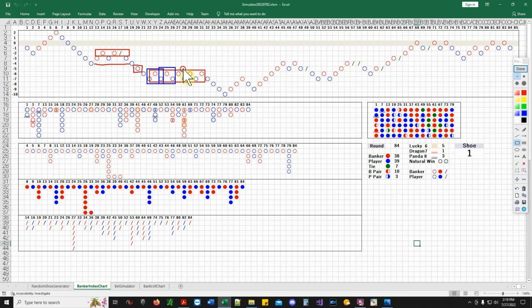After you hit that banker, player, banker, player, banker. Correct me if I'm wrong. I think that's the thumbtack. So yeah, there are all kinds of patterns that you can use when you're in a trading range.